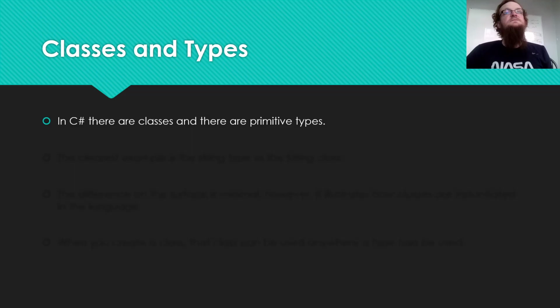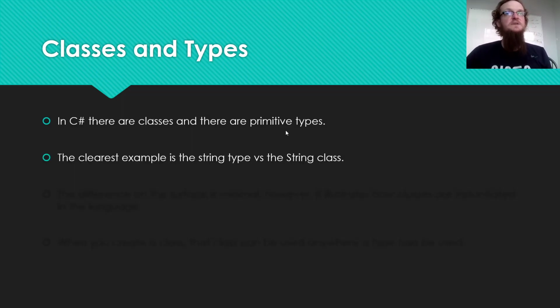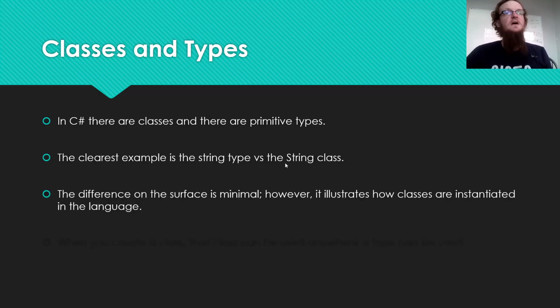So in C# proper, there are two ideas that are basically the same. These are classes, and there are primitive types. The clearest example of this is the string with a lowercase s type and the string with a capital S class. The difference at the face of it is extremely minimal.